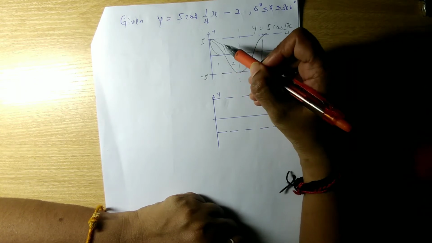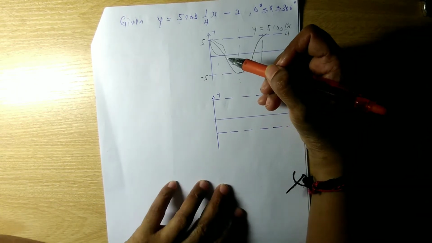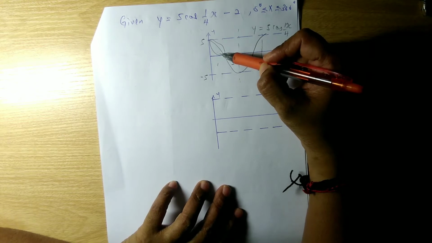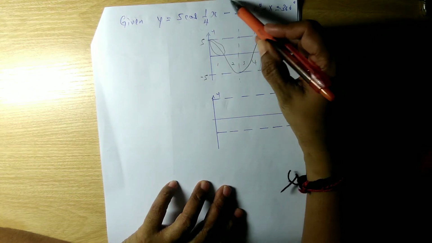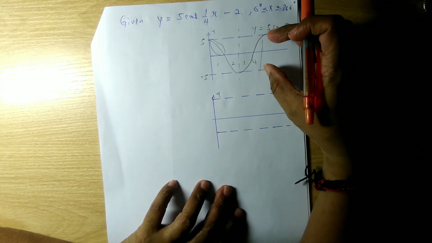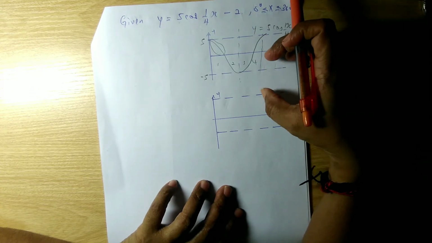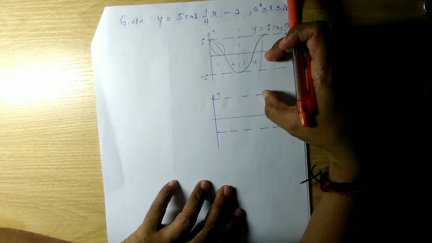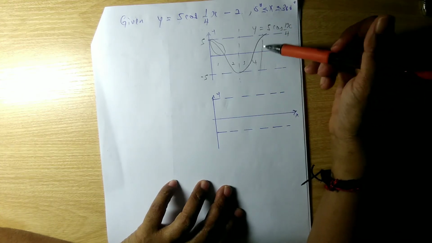That means this graph is going to be shifted. The minus 2 means this entire graph is going to move down.